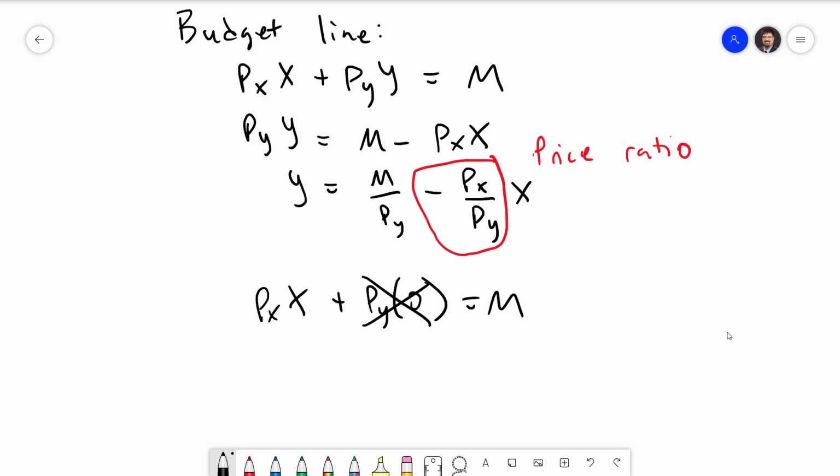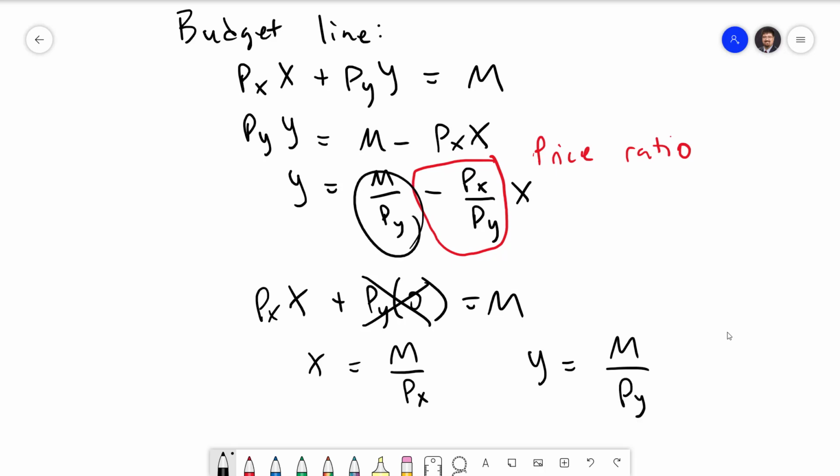Divide both sides by Px to get X equals M over Px. This should make sense. If we have a total income of M, we're only buying X, so the total amount of X we're able to buy is M divided by the price of X. We could do the same thing with Y by plugging 0 in for X, and that will give us Y equals M over Py, which we also saw right here when we solved for Y.